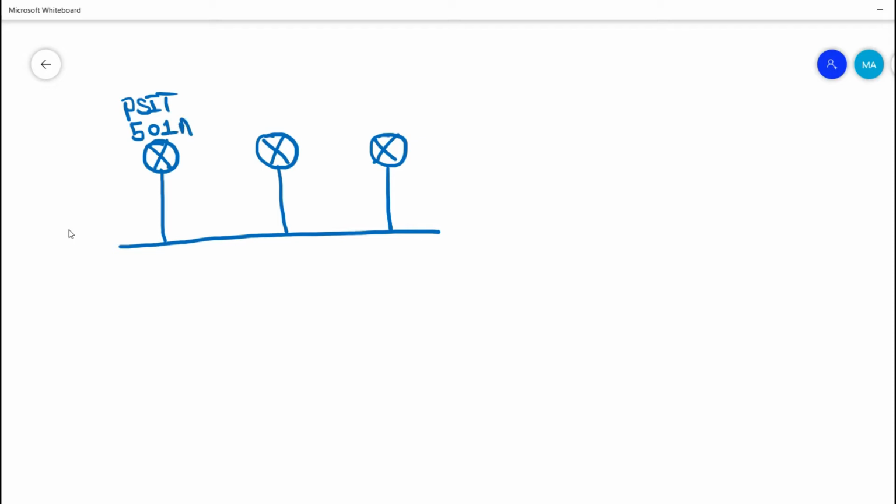So there are three pressure safety instruments, and I would name them PSIT 501 Alpha, PSIT 501 Bravo, and this third PSIT as 501 Charlie.